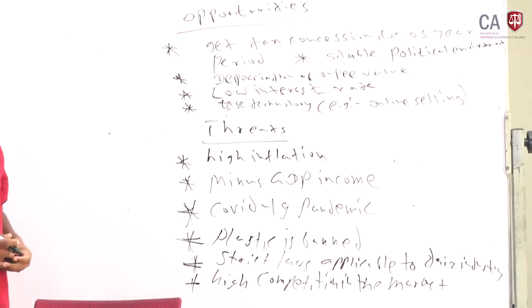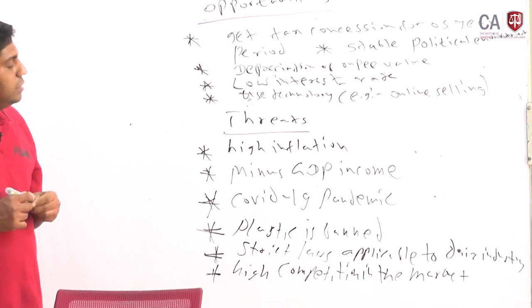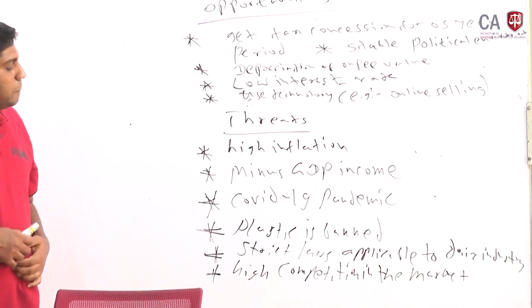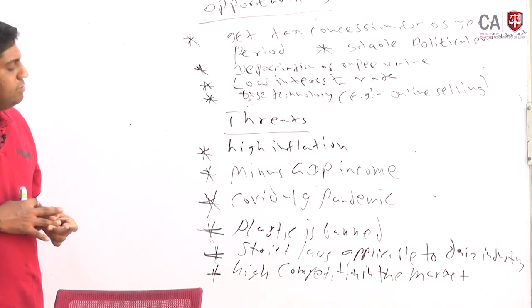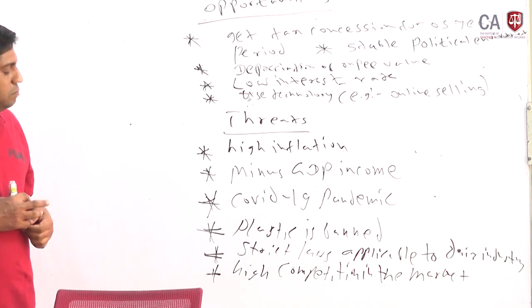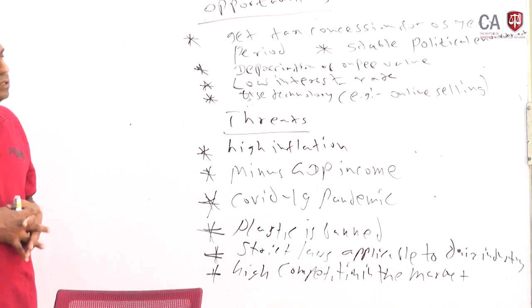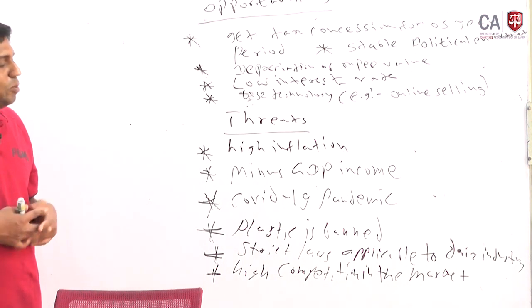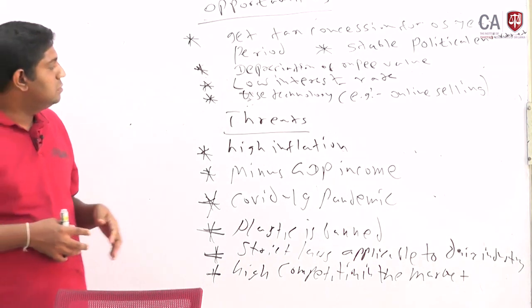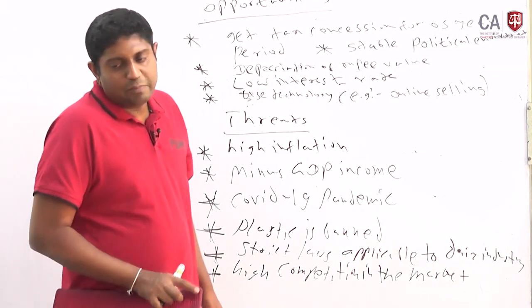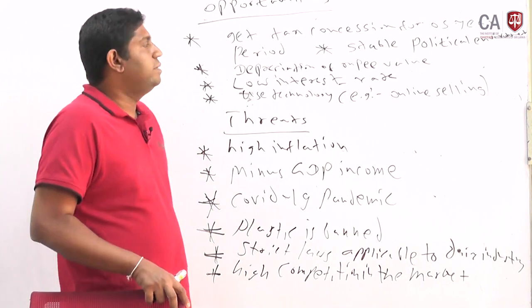For example, they have stated that there is a competition among the players to promote the products. Therefore, you have to spend a lot of money on advertising. So, we identify it as a threat for business survival.